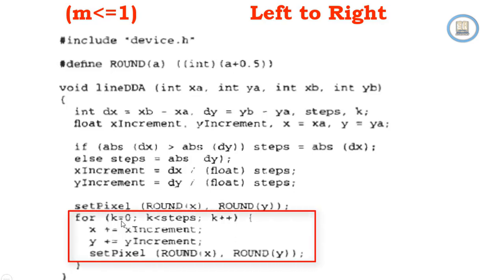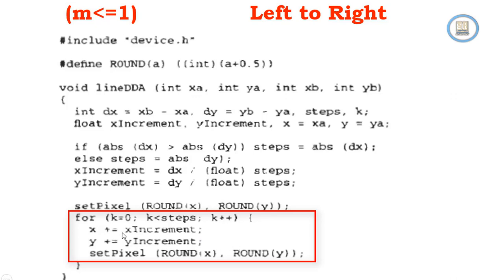This is the for loop. We start from the index value of 0, and the iteration goes up to strictly less than the step, with k plus plus. This is the simple for loop, and inside it, x equals x plus x increment, and y equals y plus y increment.